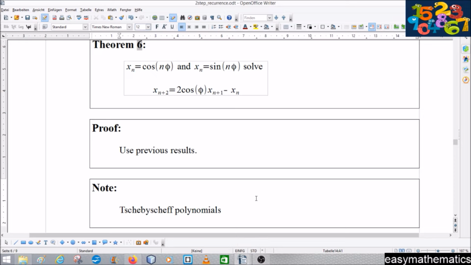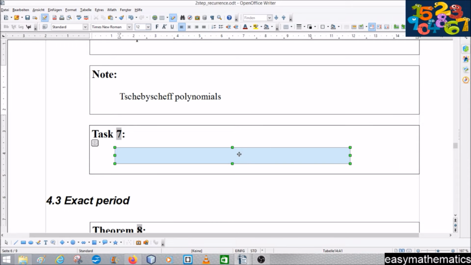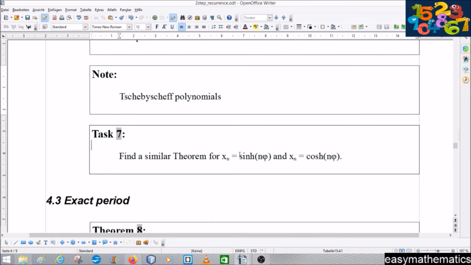This could be its own video, so I just want to note that. And there is a third task for you. Find a similar theorem for the sequences hyperbolic sine and hyperbolic cosine. It's quite similar. I'll leave that for you.